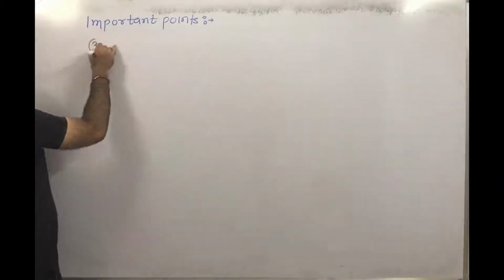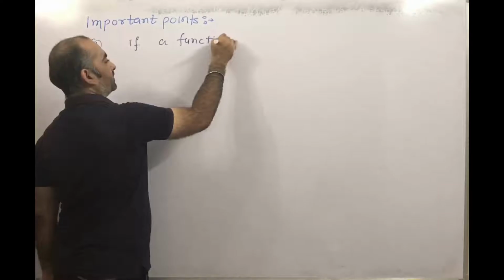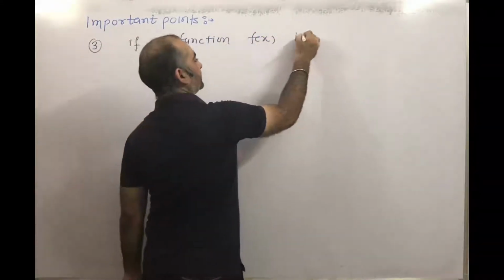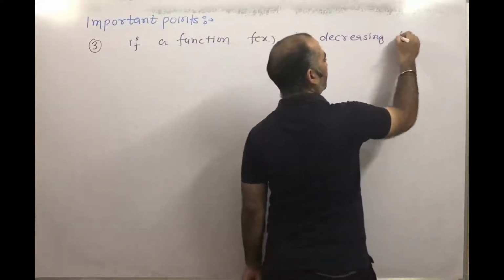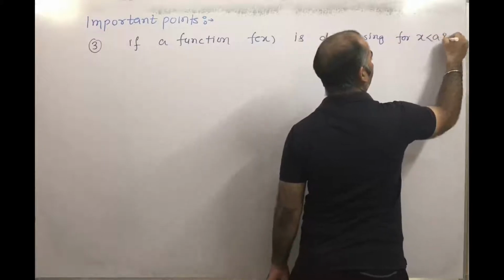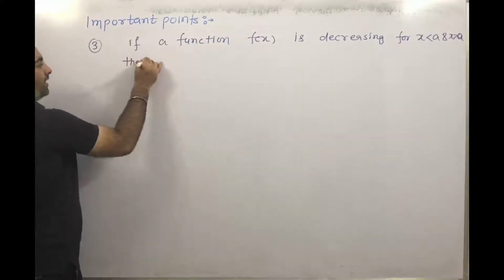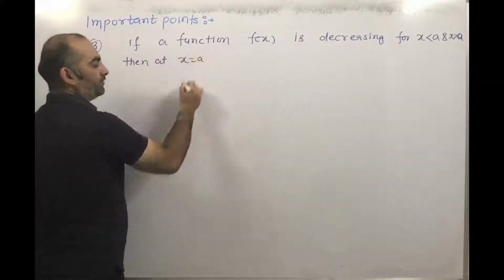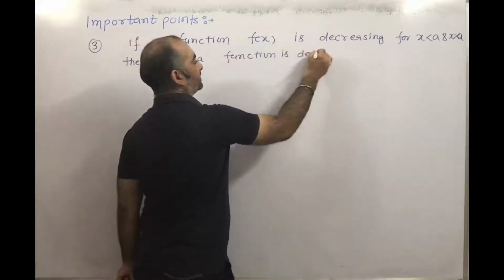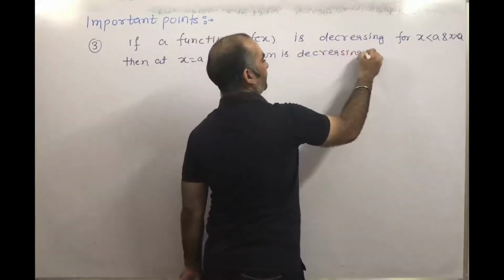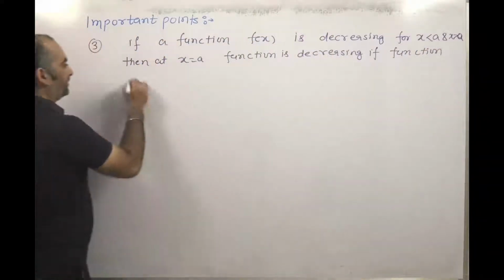What is the third point? If a function f of x is decreasing for x less than a and x greater than a, then at x equal to a, the function is decreasing if the function is continuous.